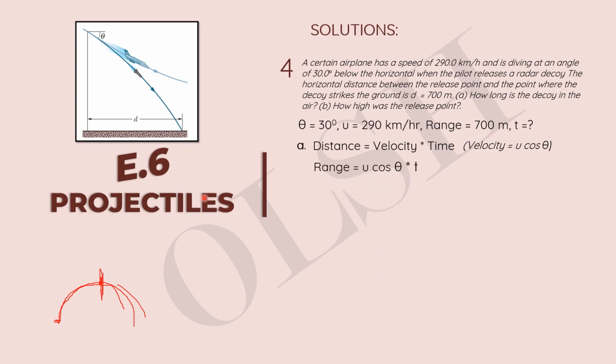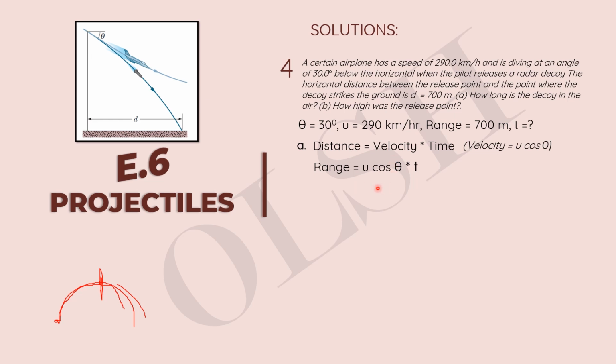So we're going to have range equal to u cos theta times t. This formula was part of the equations we got while deriving the equation for range. If you go back, you will see that this was part of the steps we passed through to get to the final formula for range.